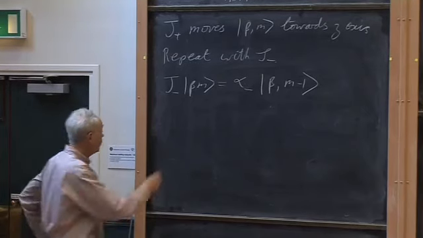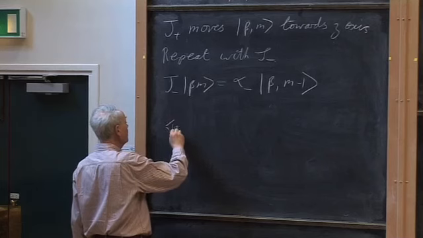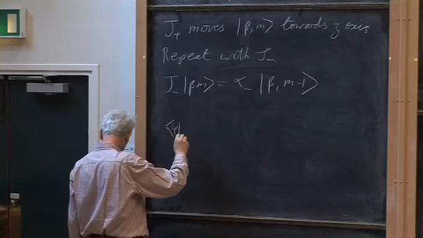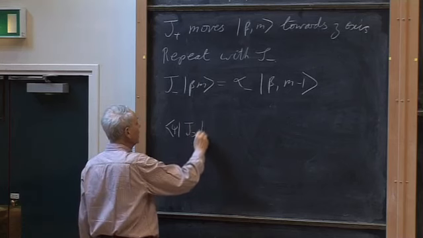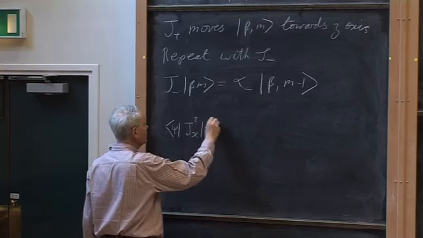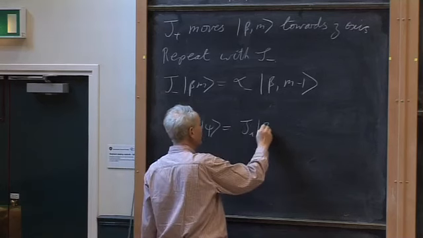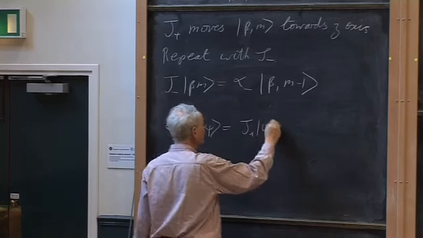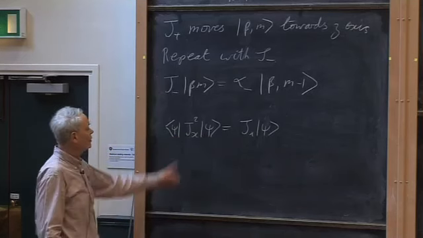Now, we have that the expectation value of, for example, jx squared is equal to the mod squared of jx psi, for any state psi. So take any state psi and work out this expectation value of jx squared.